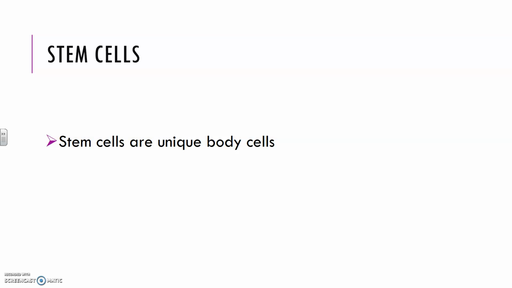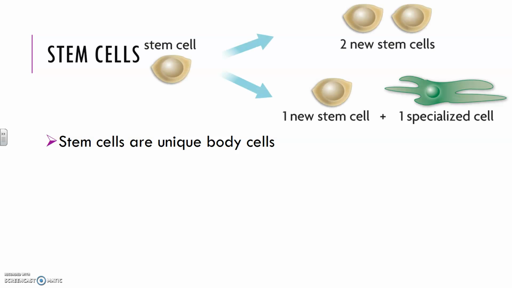So that gets us into what are called stem cells. Stem cells are really unique. They have the potential to be any type of cell. If you've seen the movie Zootopia, they say Zootopia is the place where you can be anything you want to be. That's the stem cells' motto. When stem cells divide, they can either divide into two new stem cells, or they can produce one new stem cell and one specialized cell.